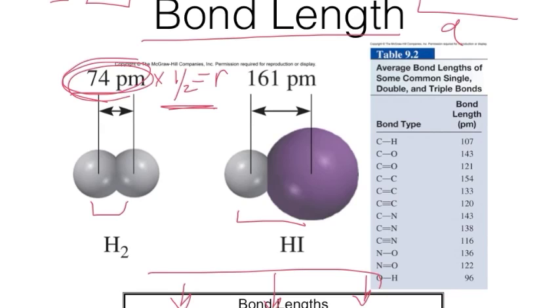So now as they get closer and closer together, we start to get a little bit of overlap. So what we get is an energy dip. And then if we start trying to jam them closer and closer and closer together, then our internuclear repulsions start to take over and the energy goes way high.